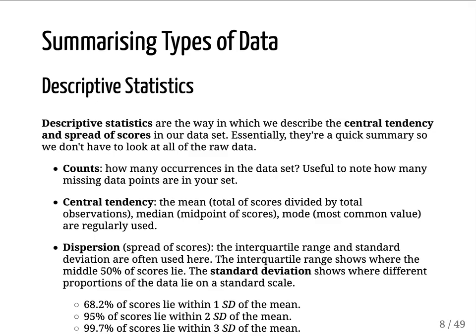If I look at the average height plus 12 inches and minus 12 inches, that's where 95% of the scores lie. So if somebody reports a standard deviation and an average for any score that they're looking at, you know that you can work out where pretty much most of those scores lie away from the average. So using these two numbers, you can quite neatly summarize almost everything you need to know about your data.